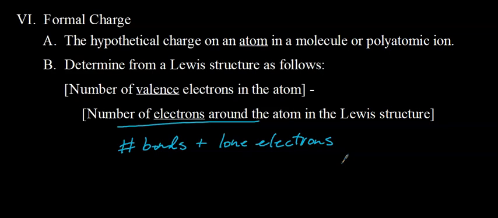Notice it doesn't say lone pairs, lone electrons on that atom in the Lewis structure. So look at your Lewis structure, see how many bonds and lone electrons it has, add those up, subtract that from the number of valence electrons that that atom has.